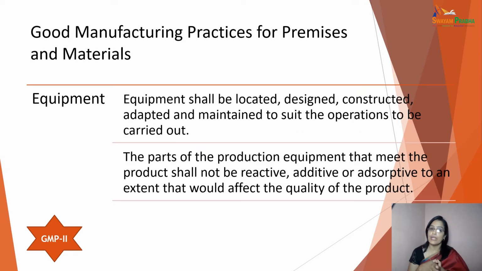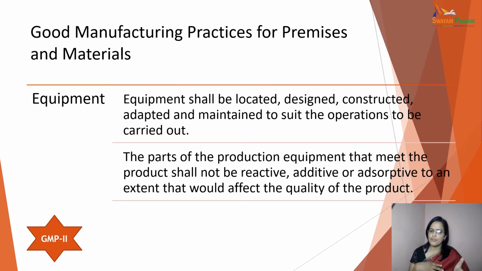Next is about equipment. Equipment shall be located, designed, constructed, adapted and maintained to suit the operations to be carried out. The layout and design of equipment shall aim to minimize the risk of error and permit effective cleaning and maintenance.